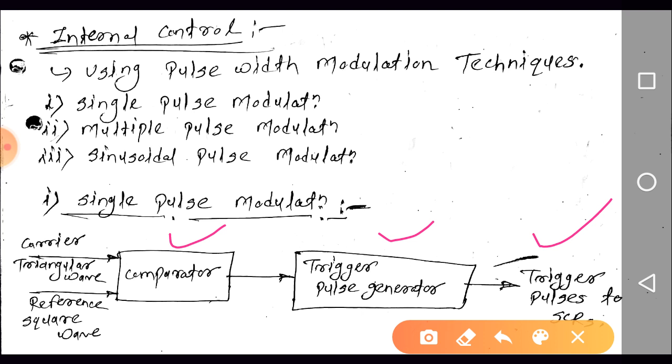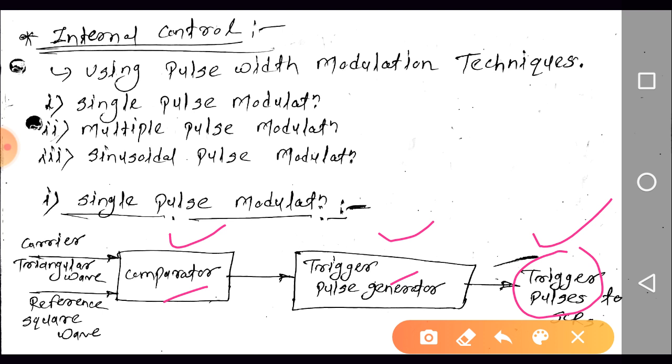These switches are present in the inverter circuitry. If we have the half bridge inverter, we have two switches, and if we use the full bridge inverter, we have four switches in the circuitry. So simply here we have the comparator block and the trigger pulse generator block.